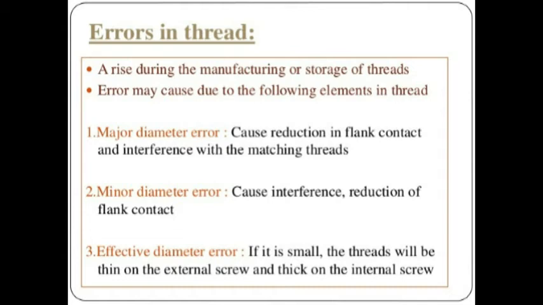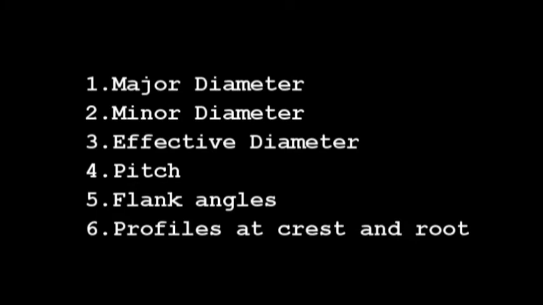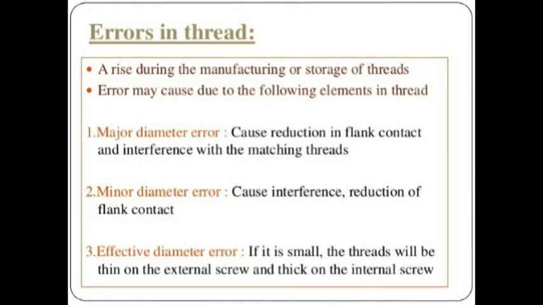Thus, for inspecting the thread, we must take into consideration the following elements: major diameter, minor diameter, effective diameter, pitch, flank angles, and profile at crest and root. In addition, concentricity of the various diameters must be controlled. All these elements must be checked, and the method of gauging must be able to cover all of them.